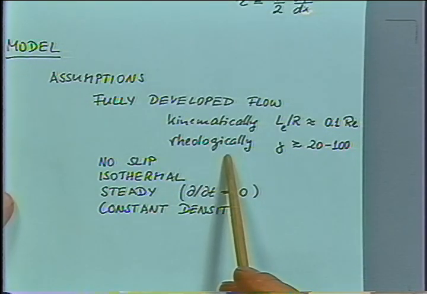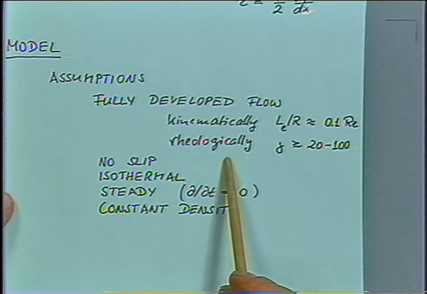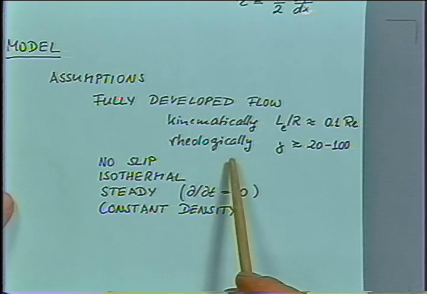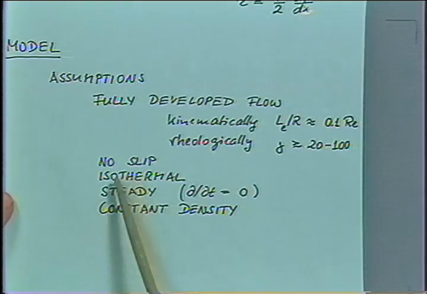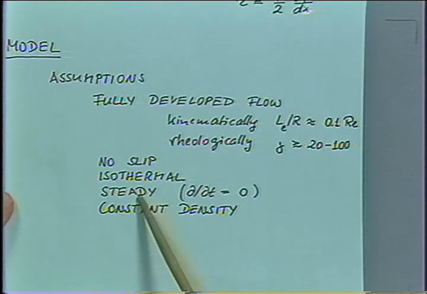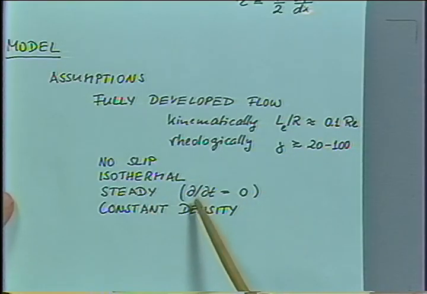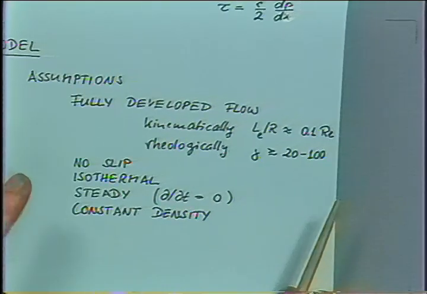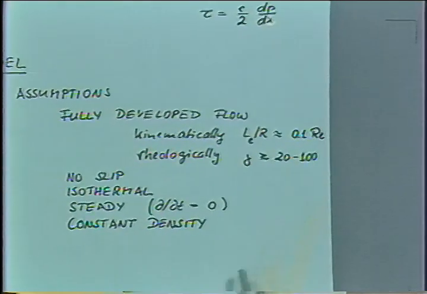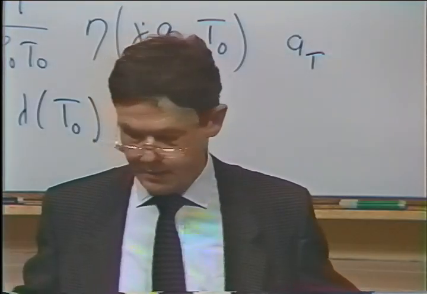See, the material element has to be subjected to shear flow for some time until reaching steady shear condition. And at the wall, there should be no slip, should be isothermal, and steady flow condition. We wouldn't pulse our flow rate, for instance, it would be constant flow rate. And then the density changes should be small.